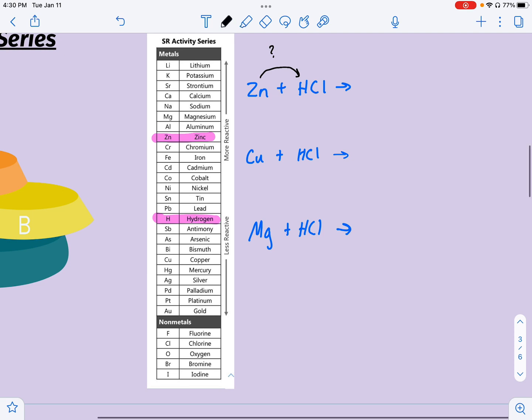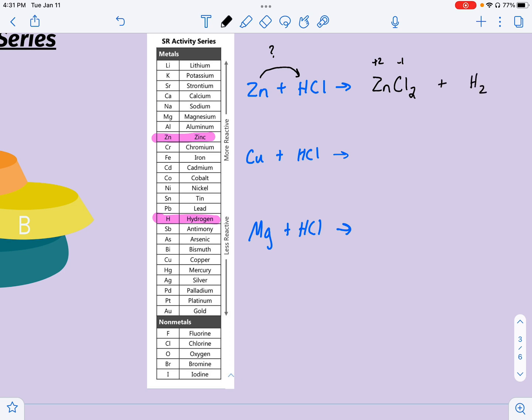So we have zinc then combining with chlorine. I have to be a little careful because when I write the formulas, I have to keep following the charge rules. And zinc, as we know, is always a +2 charge. So that's going to make, because chlorine is a -1, the formula have a subscript of 2 after chlorine, so ZnCl2, plus my hydrogen gas.